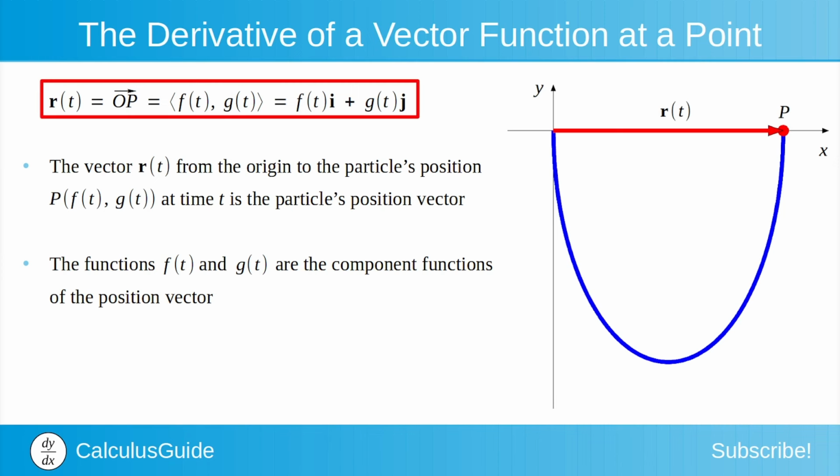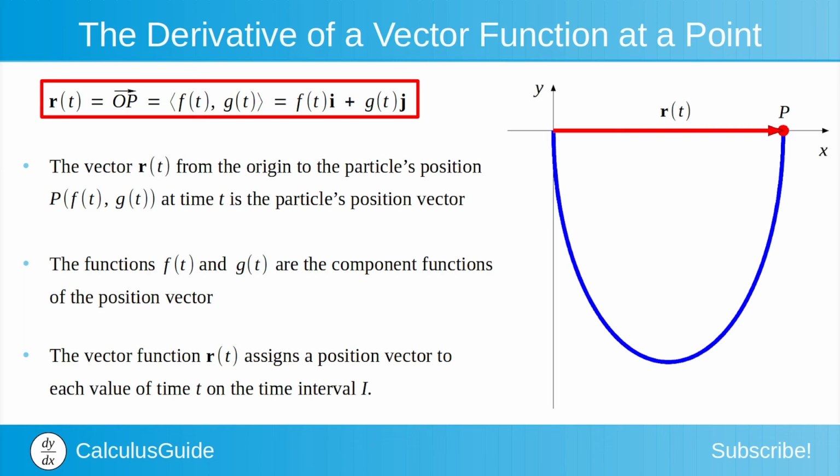This equation, now highlighted, defines r of t as a vector function of the variable t on the interval I. The vector function r of t assigns a position vector to each value of time t on the time interval I.